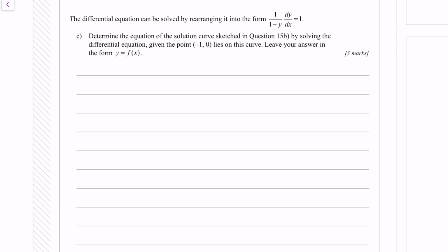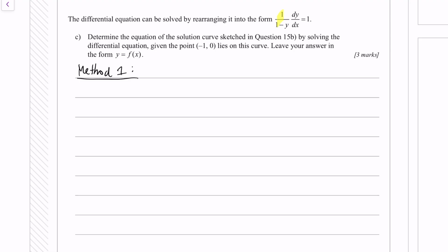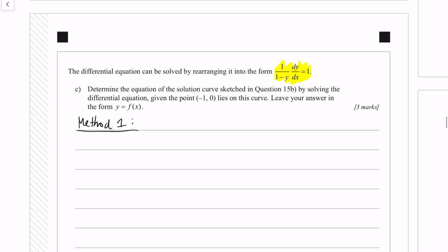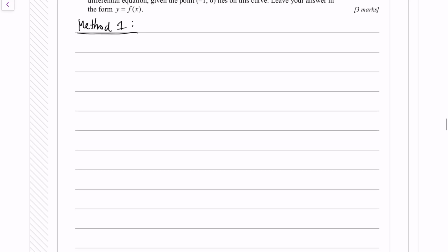So this is method 1. This is probably how I would have done it as well. Again, just rewriting this thing in yellow that I've highlighted, we have 1 over 1 minus y dy/dx equals 1.